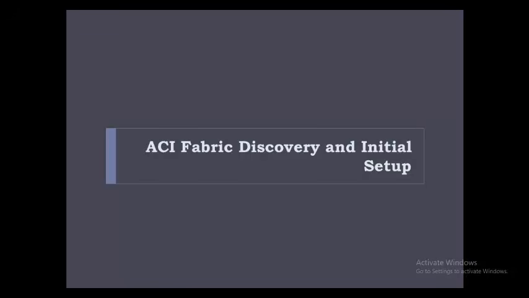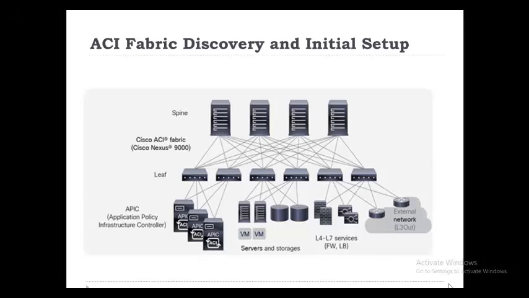Let me get one picture for you. In this picture, we see the spine on the top, a big size switch with more processing power. And we see small switches, the leaf. Both are Nexus 9000 series ACI mode devices.